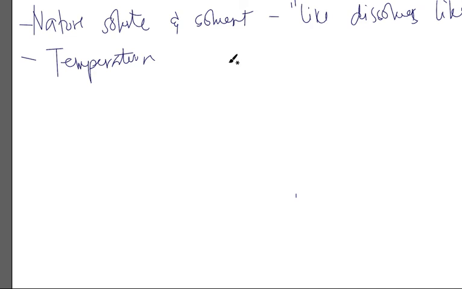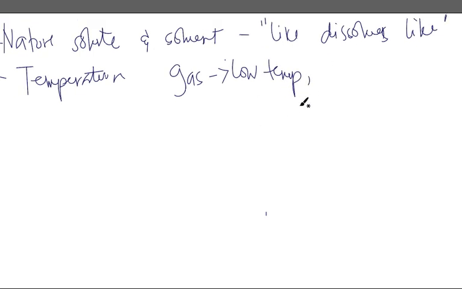So for gases to have a high rate of solubility, they should have a low temperature.